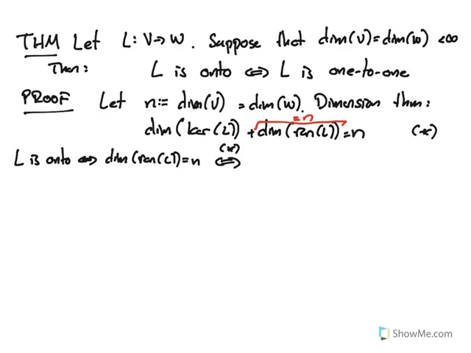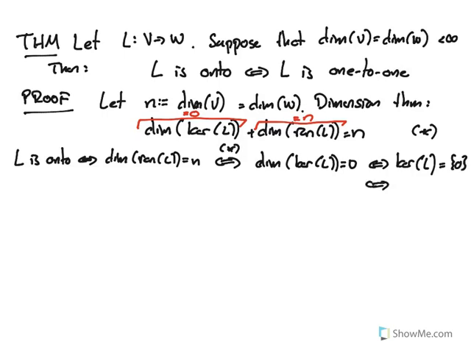If the dimension of the range of L is n, then it follows that the dimension of the kernel has to be 0. So using the dimension theorem, the dimension of the range is n if and only if the dimension of the kernel is 0, and the only space that has dimension 0 is the trivial space, and that's to say that L is 1 to 1.